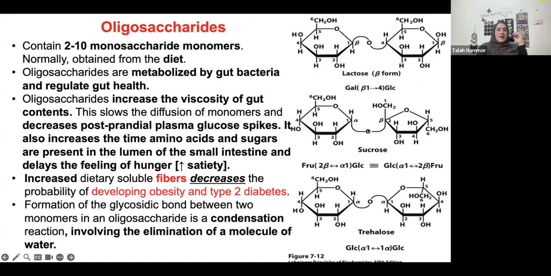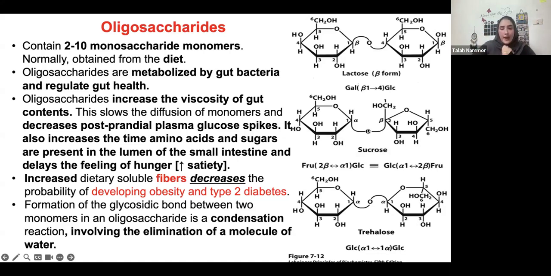Why? Because oligosaccharides increase the viscosity of gut contents. How do they do that? Basically, oligosaccharides are usually metabolized by the bacteria found in our colon. So we have bacteria in our gut. Whenever we eat anything, it's in the colon and it's getting broken down, right?